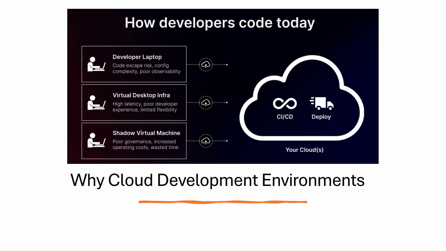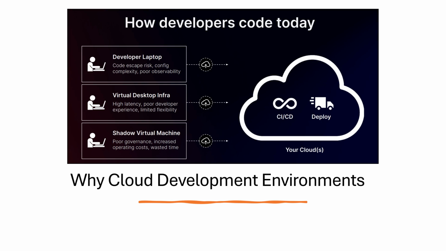Also, some organizations have virtual desktop infra or VDI. With that, there comes the issue of sometimes high latency, poor developer experience, and also limited flexibility. Also, you can use shadow virtual machines, so you can run a VM, let's say in AWS, but with that comes poor governance, increased operating costs, and sometimes also wasted time.